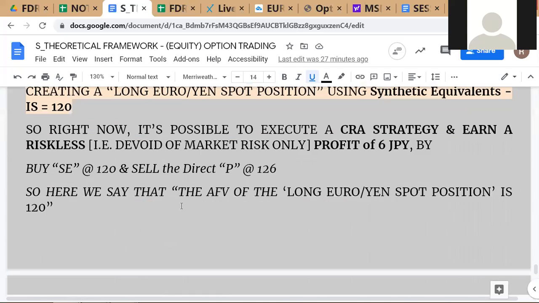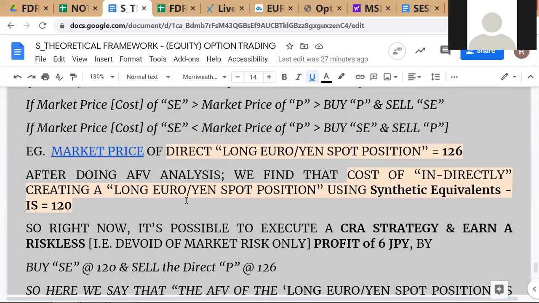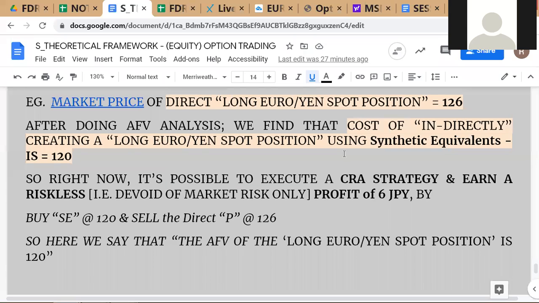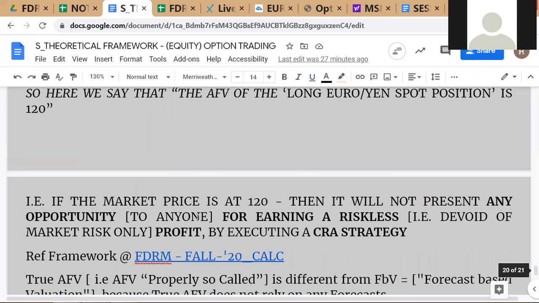So we say that at this stage, since the cost of creating the synthetic equivalent position is 120 and the market price is 126, the arbitrage free value of the long euro yen position is actually 120. Because if the market price is set equal to the arbitrage free value, then it will not present any opportunity for earning a riskless profit by executing a CRA strategy.